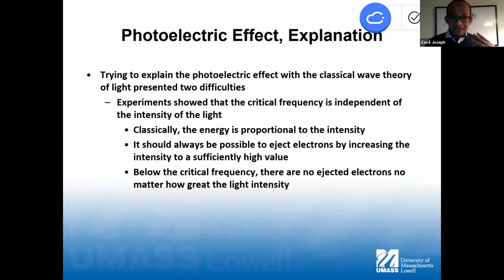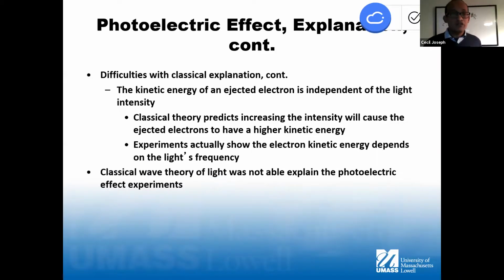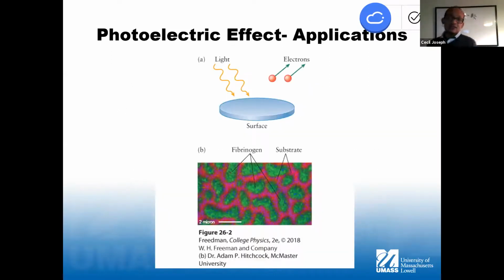So this is essentially a summary of the explanations for the photoelectric effect. This is an example of a use for the photoelectric effect. This is fibrinogen on a substrate. This image was collected using photoemission electron microscopy.